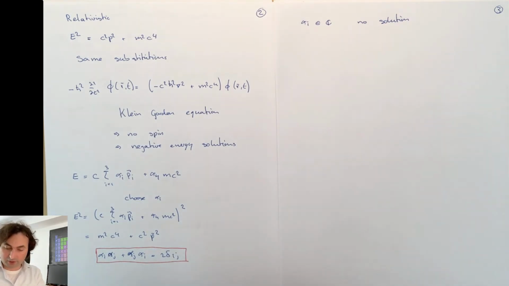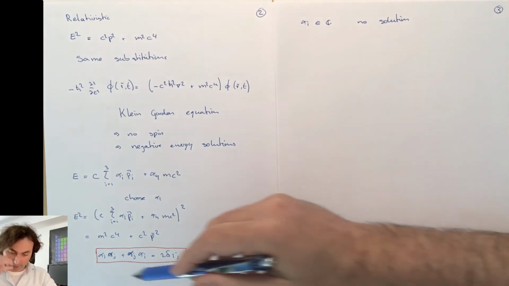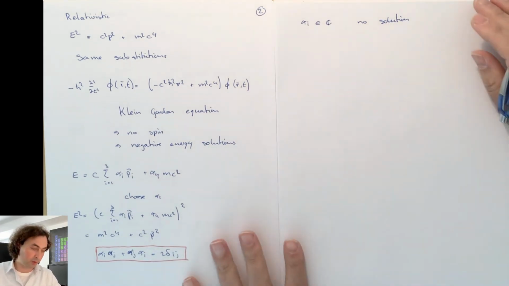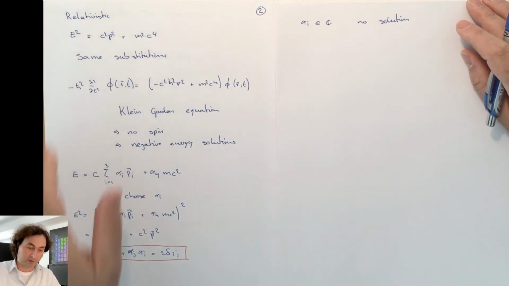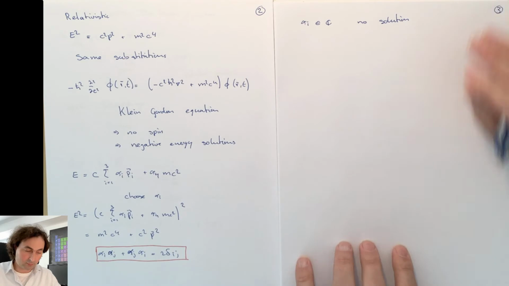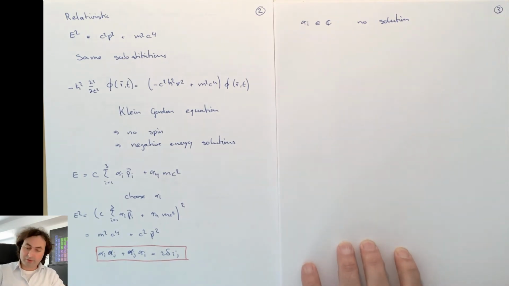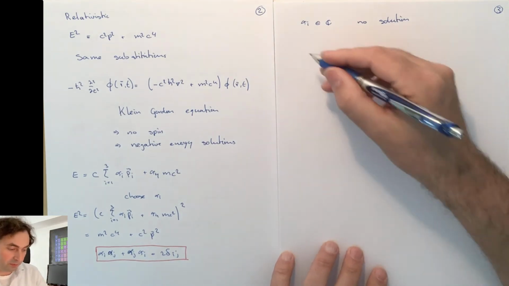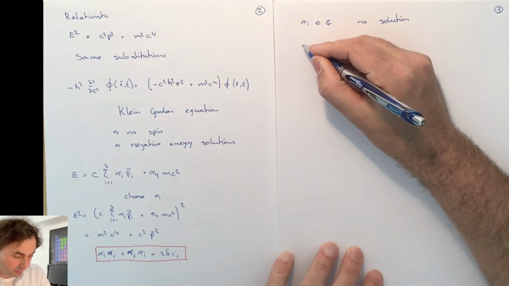When alphas are numbers, things just commute, and this is never going to be fulfilled. Now, alpha i does not necessarily have to be a complex number. What happens when we make alpha i a matrix?